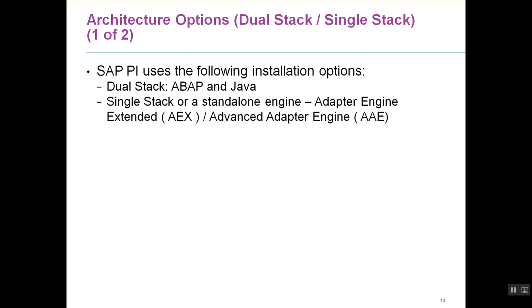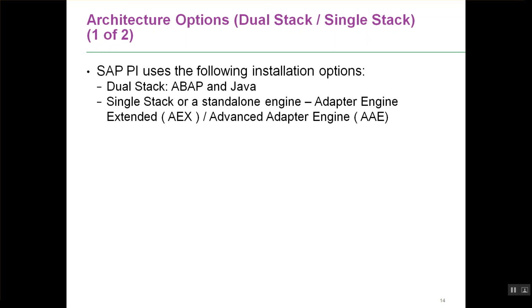We had seen all of that, and now what we are talking about is that from PI 7.31, SAP introduced two installation options for PI. One was a classical installation option that had both ABAP stack and Java stack. The other was a single stack installation of PI where it was Java only. So only a Java stack was used, and that was called the Adapter Engine Extended and the Advanced Adapter Engine.